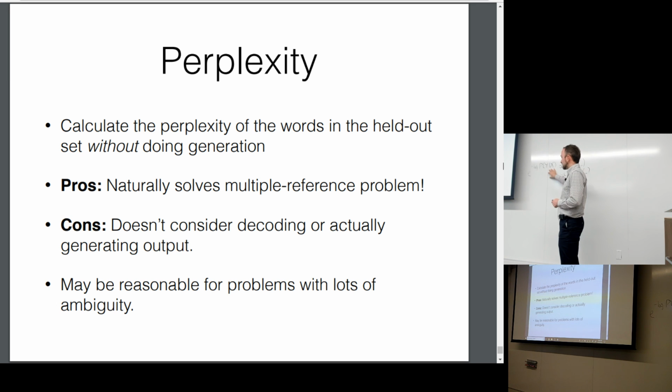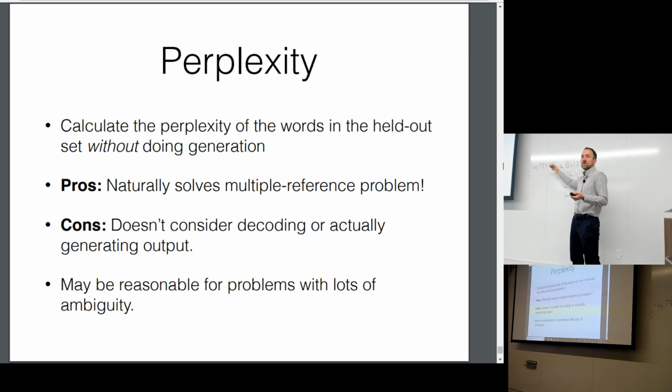So I do suggest that you consider evaluating your models with perplexity. One reason why is because it helps you break apart the modeling problem and the generation problem. If you have a problem in your modeling, you'll get a very bad perplexity, and you don't even need to look at your generation code.